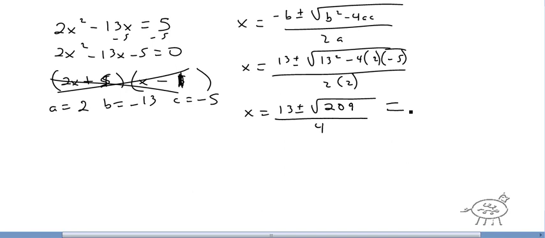So I get 6.86. That's for the plus, and then for the minus, we're going to do 13 minus the square root of 209 divided by 4, which is negative 0.36. So there you go.